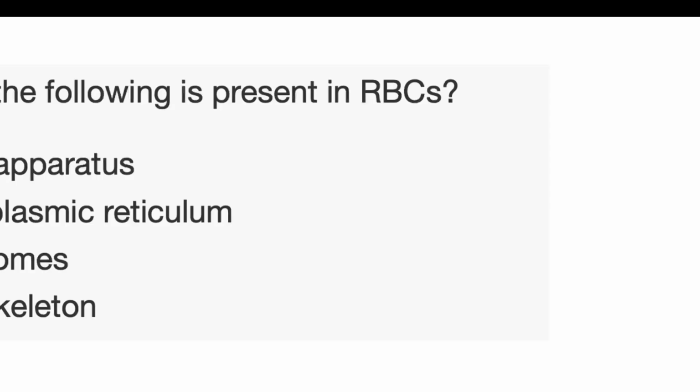Option D, cytoskeleton. Now, which of these cell organelles is present in RBCs? Is it the Golgi apparatus? Is it the endoplasmic reticulum? Is it ribosome or cytoskeleton?